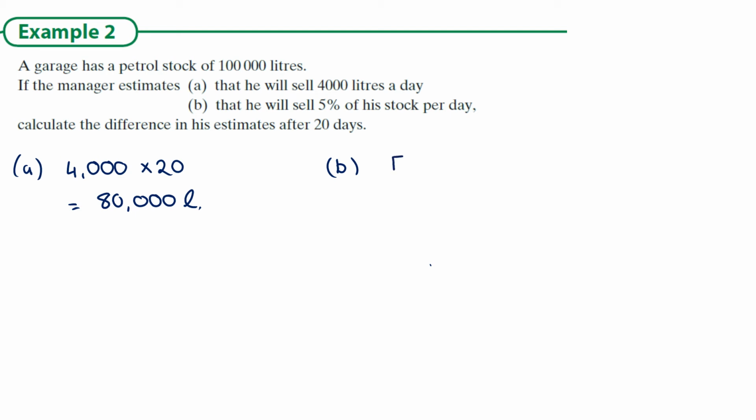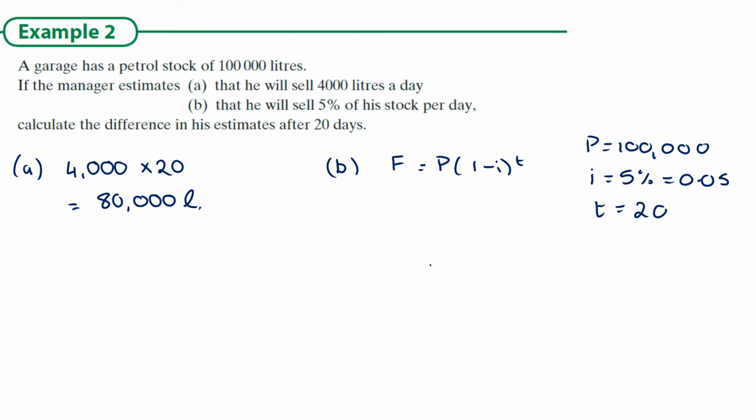So I'm going to set up my formula. F is equal to P bracket 1 minus I to the power of T, where P is 100,000, I is 5%, but remember that should always be in decimal, 0.05, and T is 20 days.